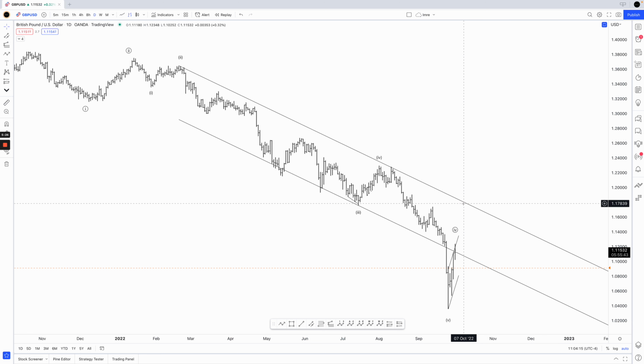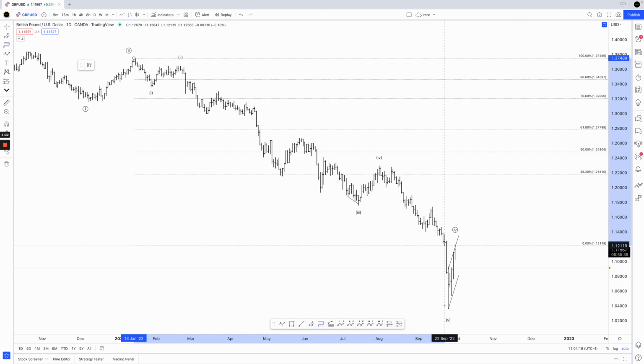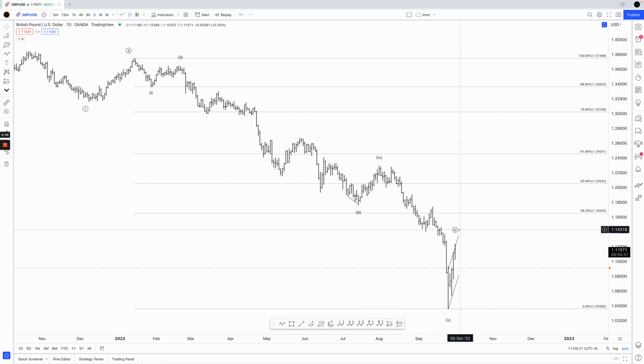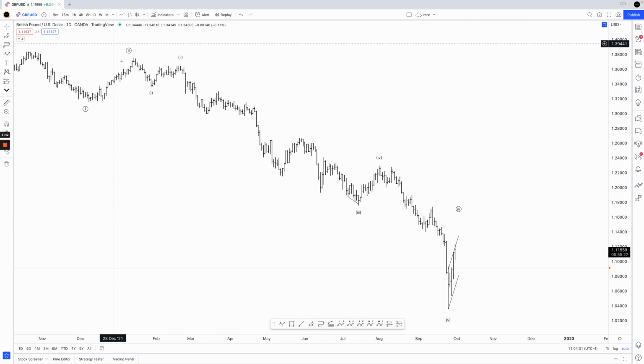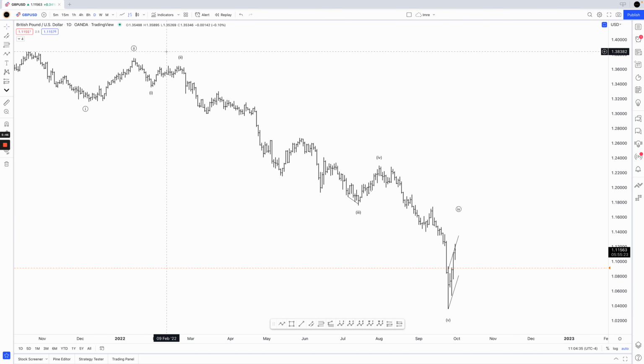Here's the other thing. We also want to be looking at Fibonacci relationships between waves 3 and 4, and that puts wave 4 at a 38.2% retracement, a little bit higher here, which is more in line with what I was saying a couple of minutes earlier about the dollar index, in terms of how I'm looking for one more low in the dollar index to meet that 61.8% objective.